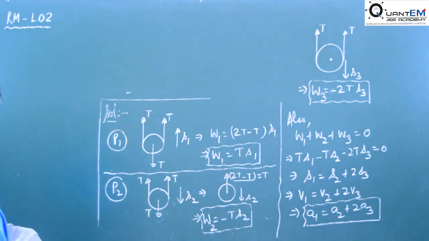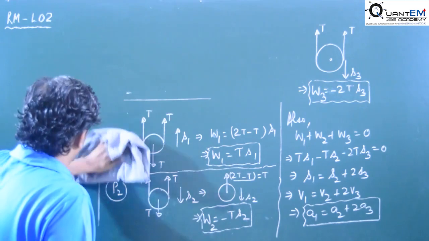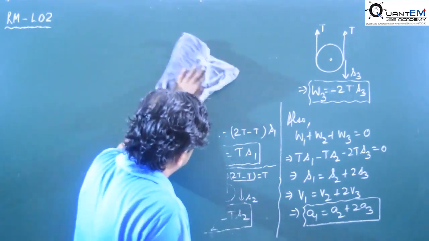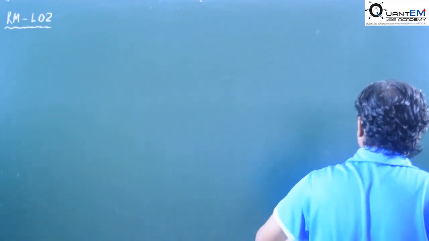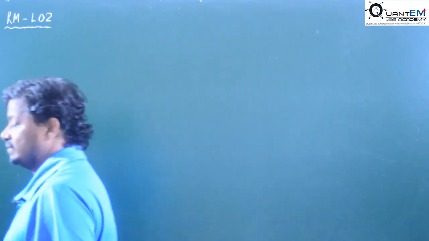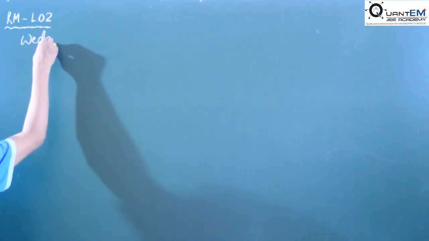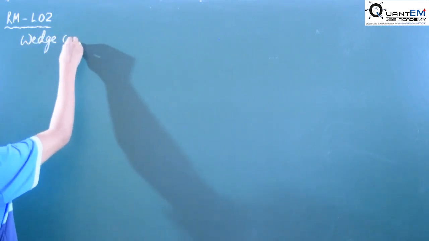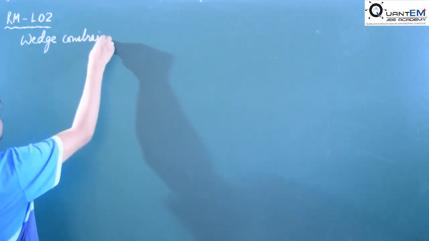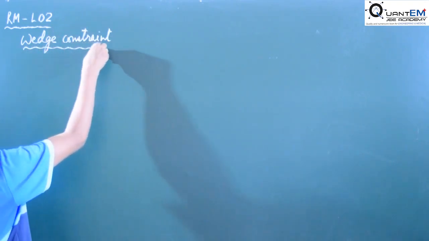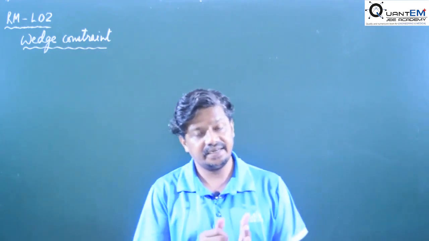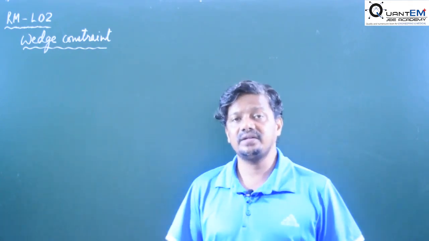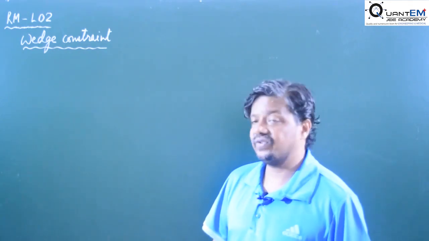Now we come to the wedge constraint. In case of wedge constraint, the two masses are in contact and the relation between the accelerations, velocities and displacement we have to get.